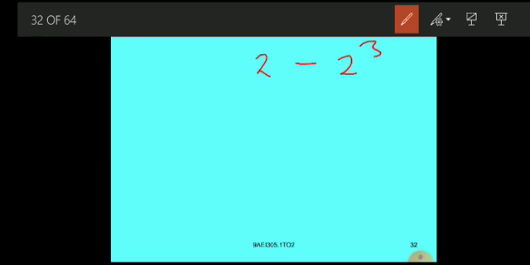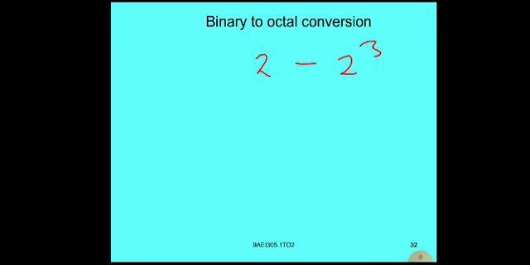Hence what you have to do is group 3 bits of binary and write its equivalent in octal. That is the procedure you have to follow.